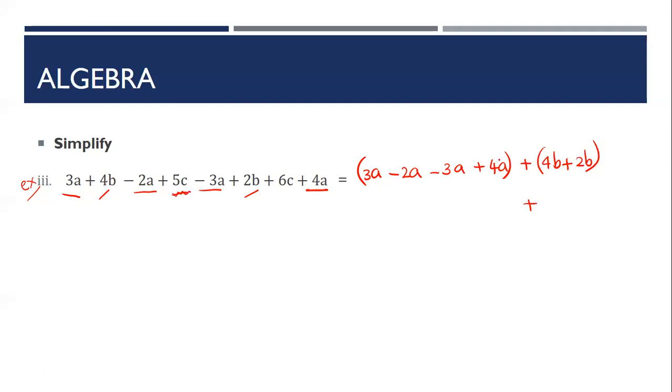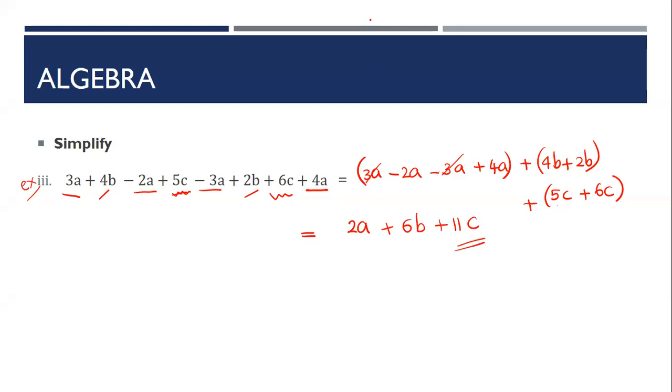And I have 5c and I have plus 6c. I'm checking whether I wrote everyone. Okay, so here plus 3a and minus 3a are cancelling. So we are getting minus 2a and plus 4a. That is plus 2a. And here 4b plus 2b is plus 6b. And plus 5c and plus 6c is 11c.